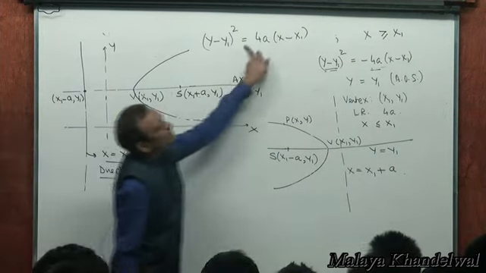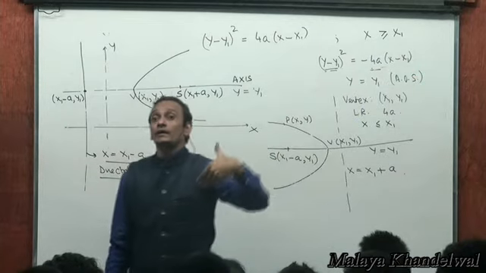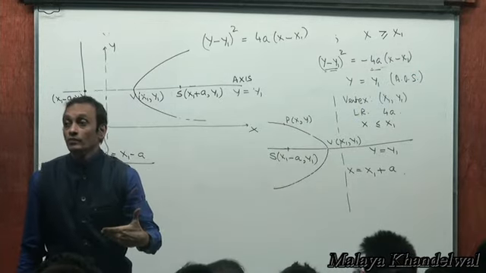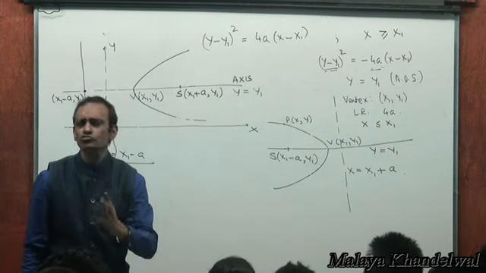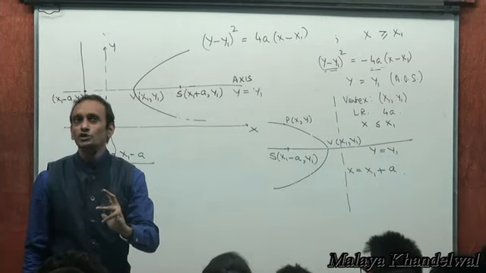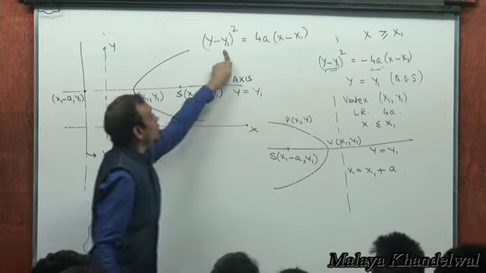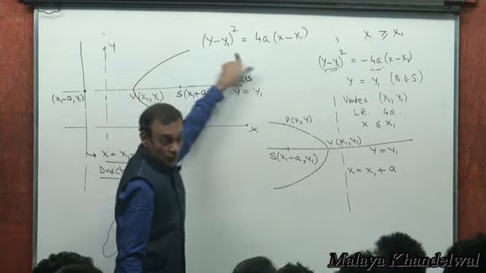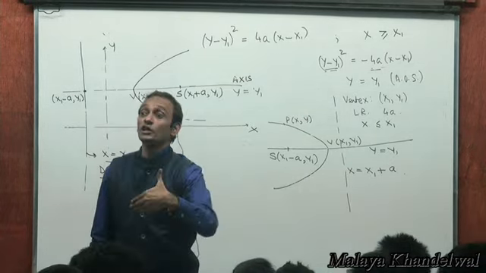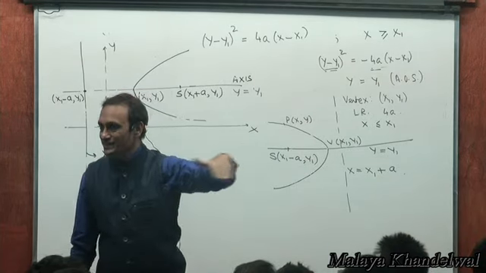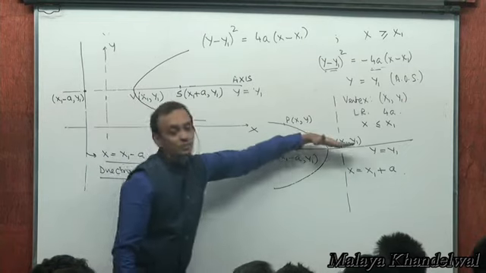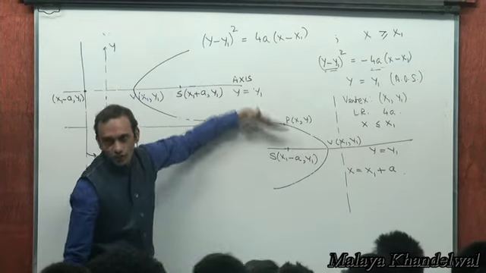So this form or this form, what does it give me? It gives me, no, not yet general, hardly close to general. This gives me the equation of a parabola. If the square term involves y, it gives me the equation of a parabola whose axis is parallel to the x-axis. Yes or no?